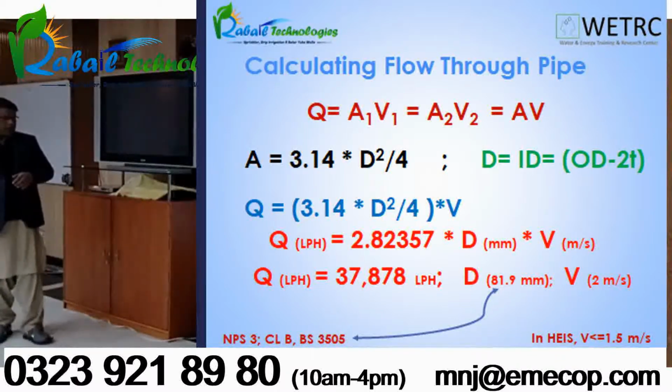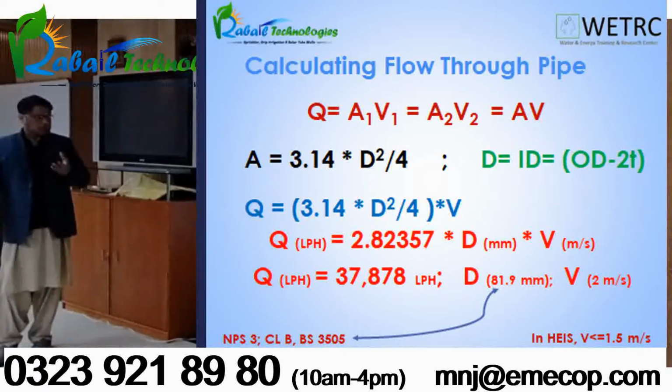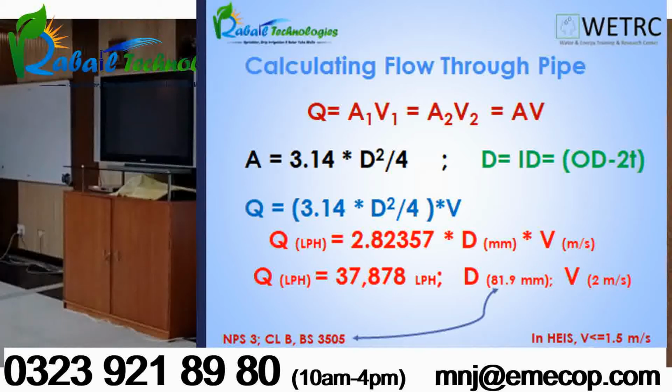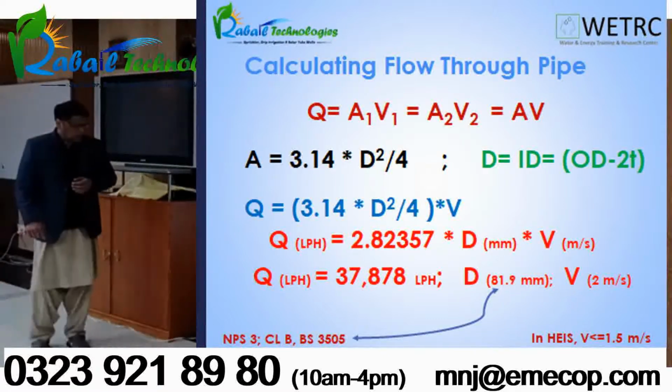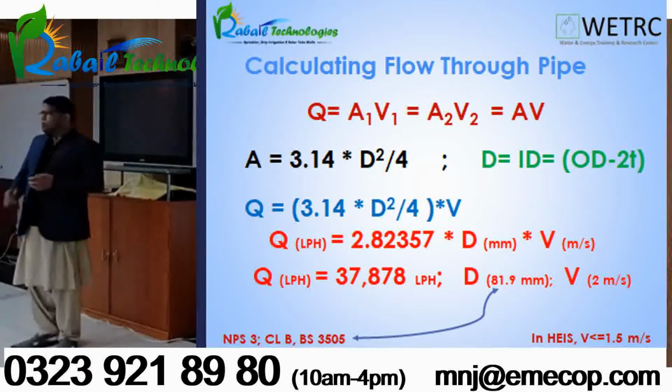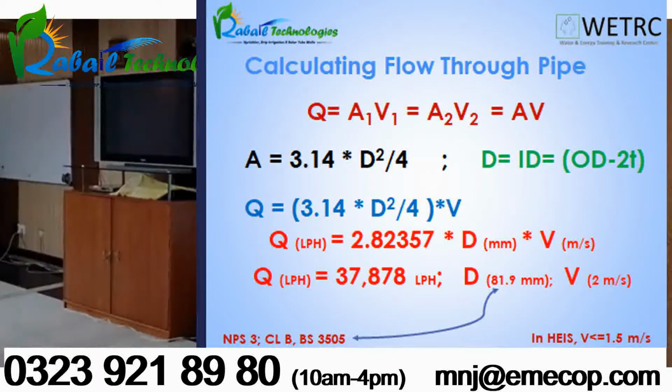Okay, let's talk about how much water carrying capacity a 3-inch pipe will have at a velocity of 2 meter per second, for example. Hopefully you can see it: NPS 3, class B, 3505. This is very important. NPS is nominal pipe size.